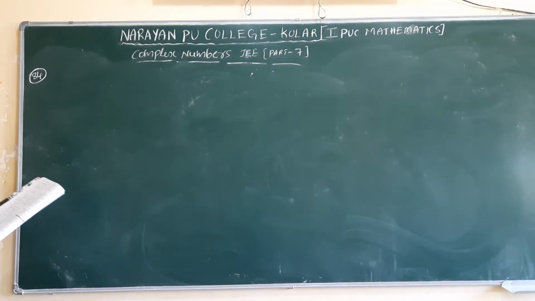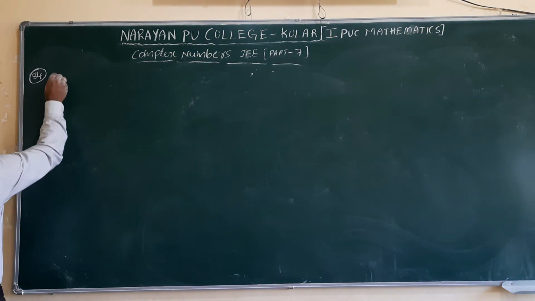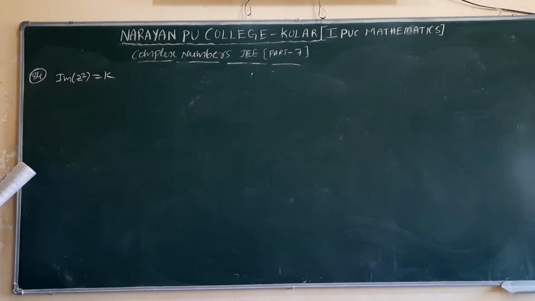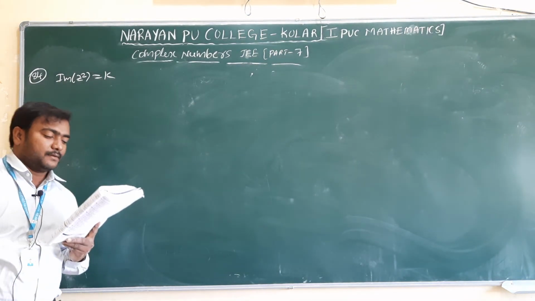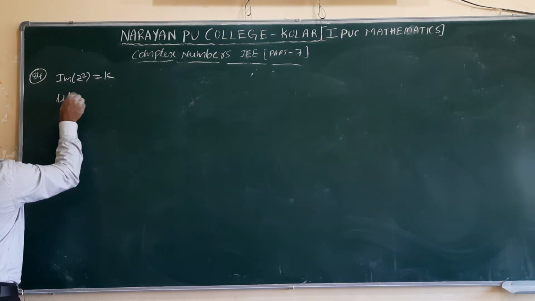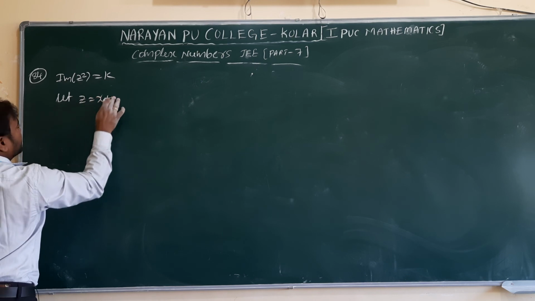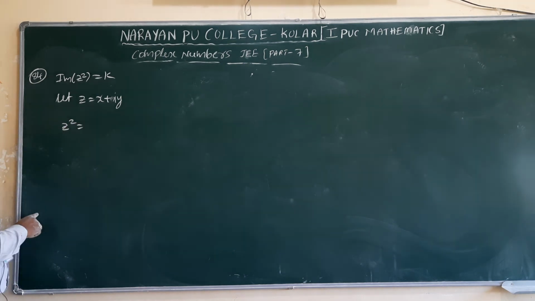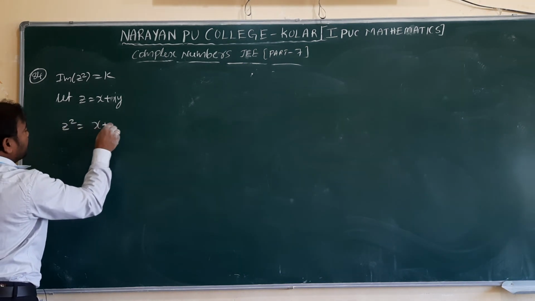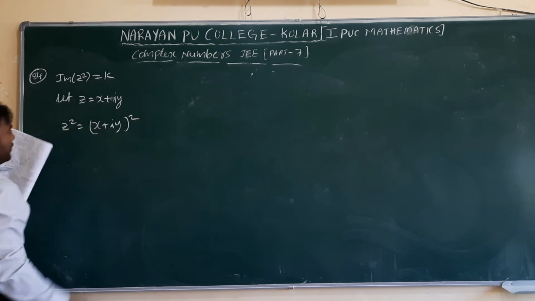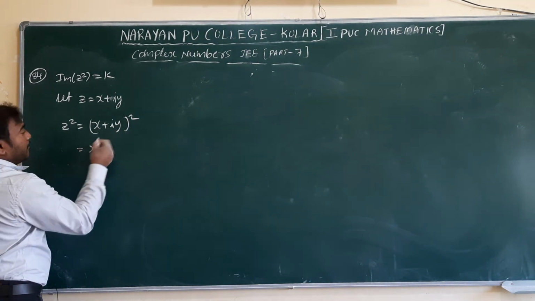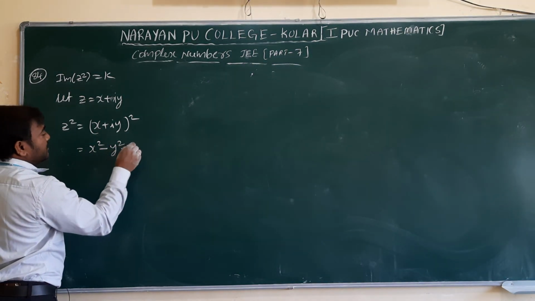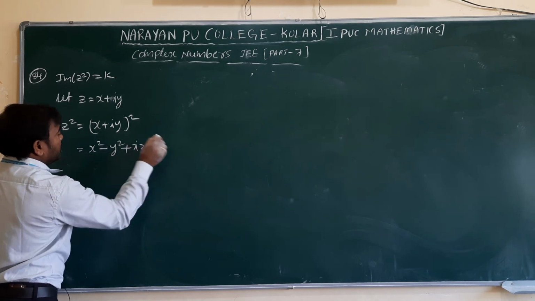Question number 84. The curve represented by imaginary part of z square is equal to k, where k is a non-zero real number. Here let z is equal to x plus iy, so z square is equal to (x plus iy) whole square, which is x square minus y square plus i into 2xy.